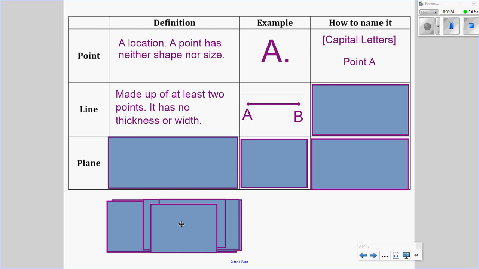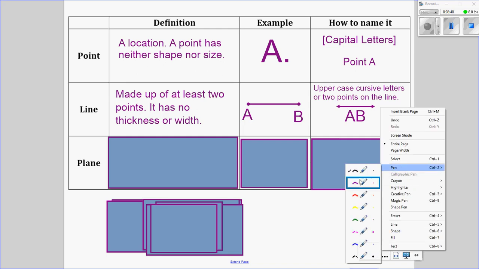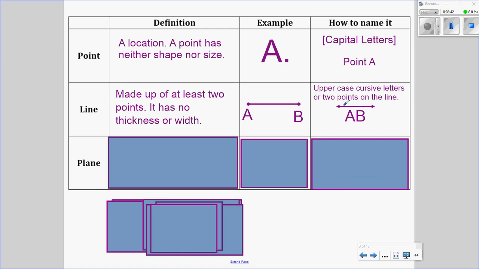An example is, you've got your 2 points, and then you've got labels A and B. And how to name it would be an uppercase cursive letter, or 2 points on the line. So you would have the line, it would be 2 points. But if you were to label it, just tell me, okay, it's line AB, line AC, you would have it like this.